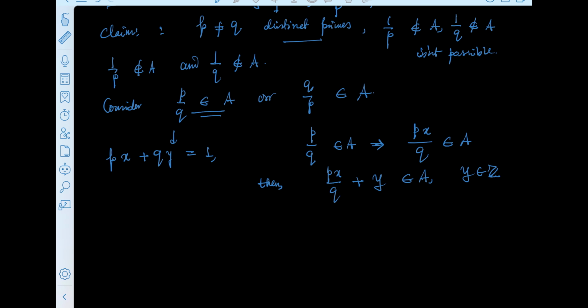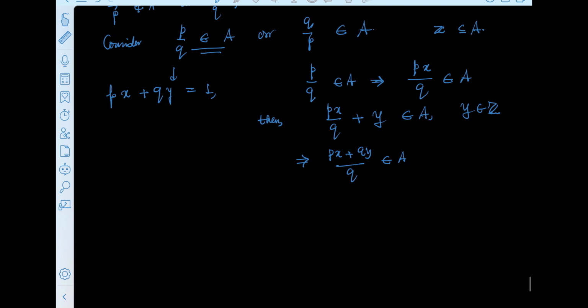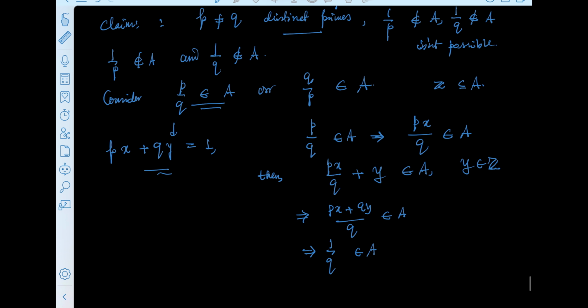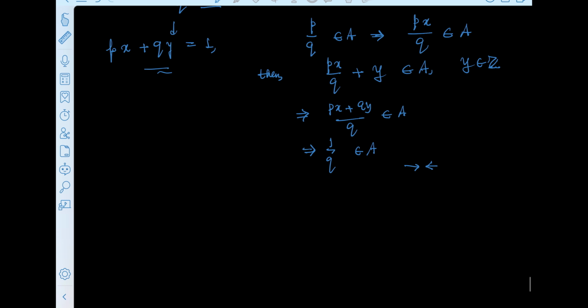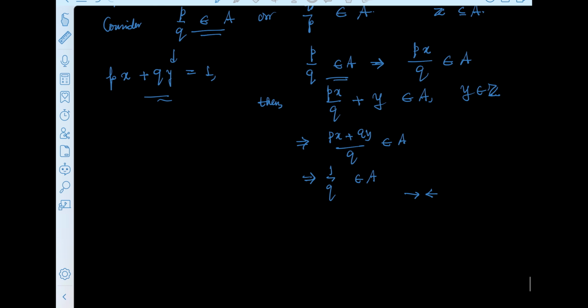So that will imply (px plus qy)/q is inside A. That will imply 1/q is inside A because px plus qy is 1. That is a contradiction because we assumed that 1/q is not inside A. So p/q is not inside A.